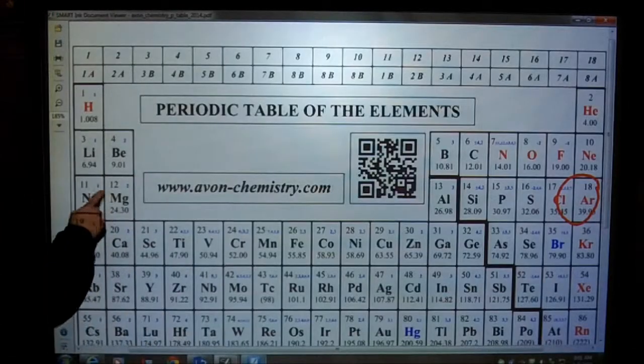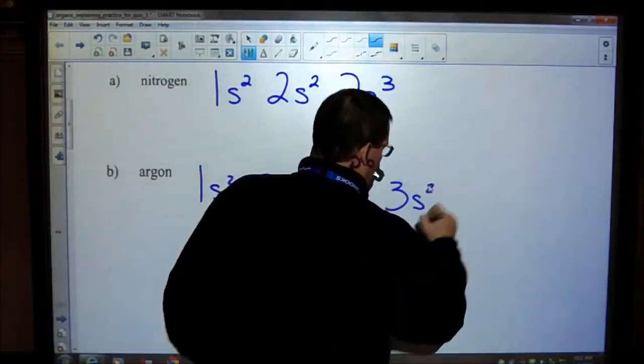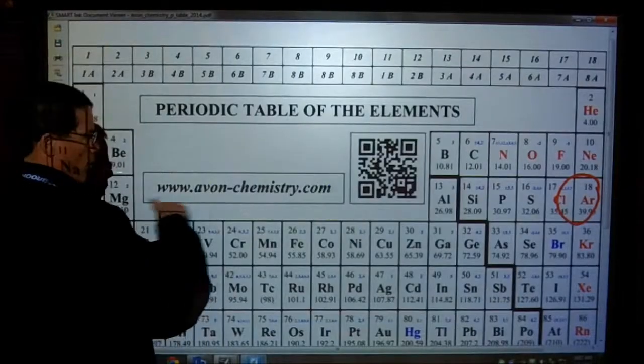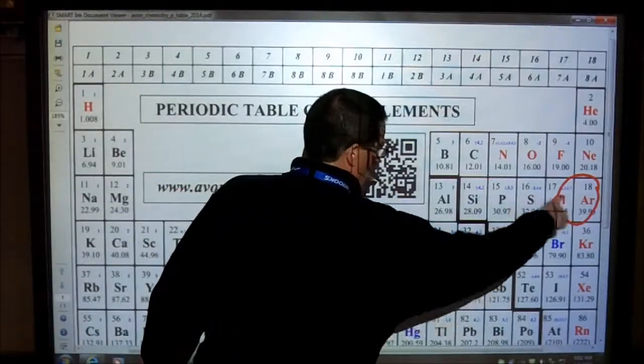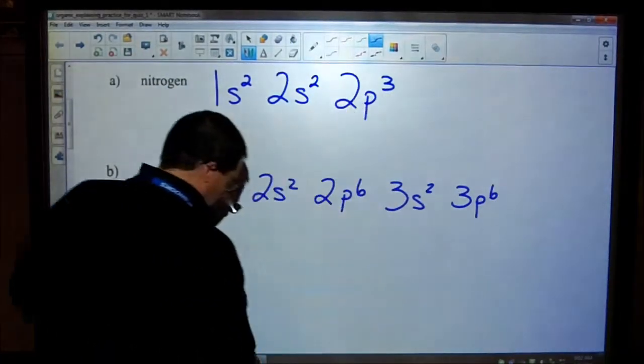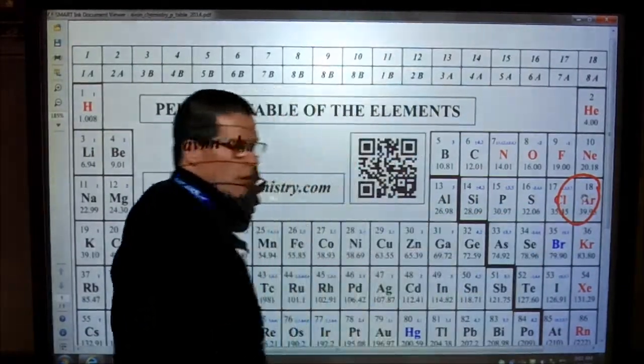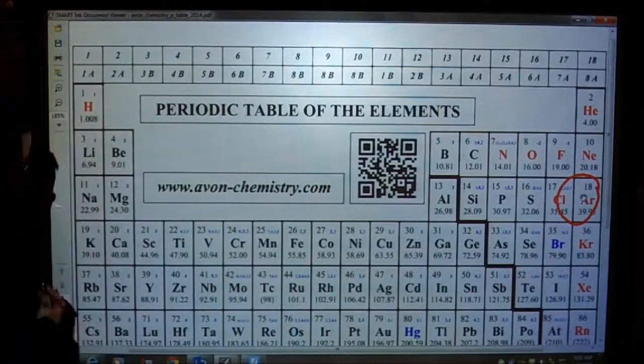And we're going to drop 2 electrons in there, and then move over to the p's. And since we are still in the third row, keep it in the third row for these p orbitals. So 3p6, because, again, there are 1, 2, 3, 4, 5, 6 elements in there. Okay?